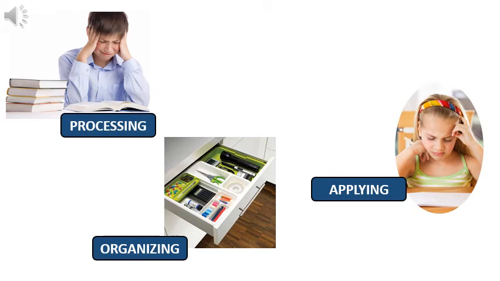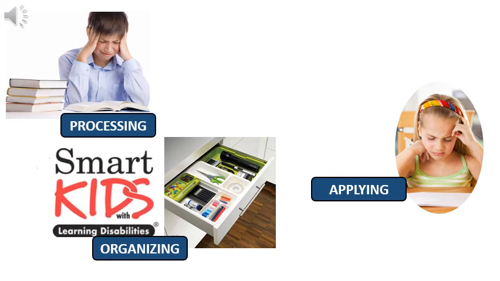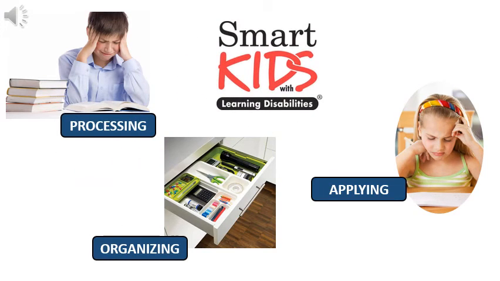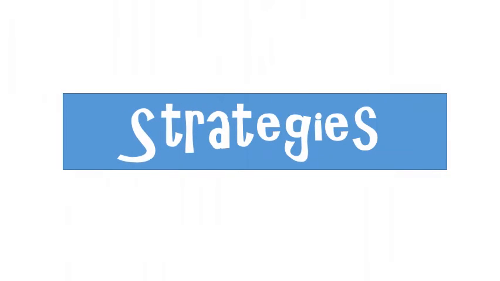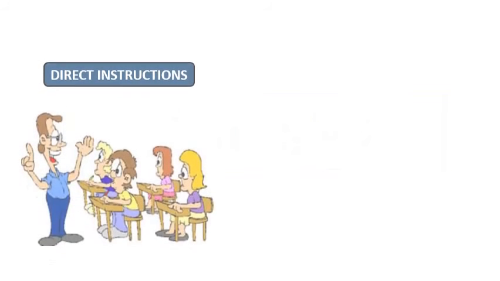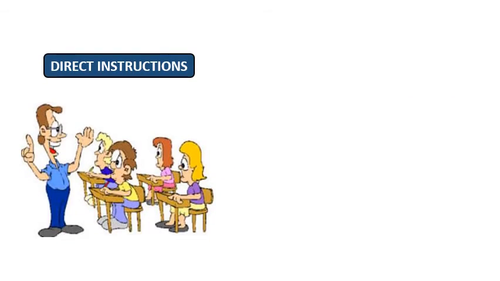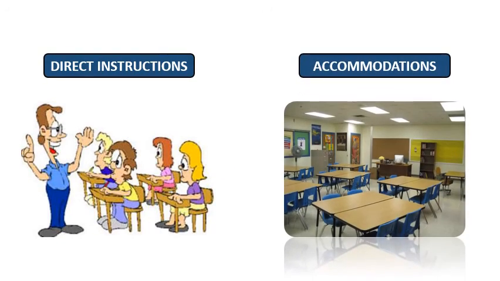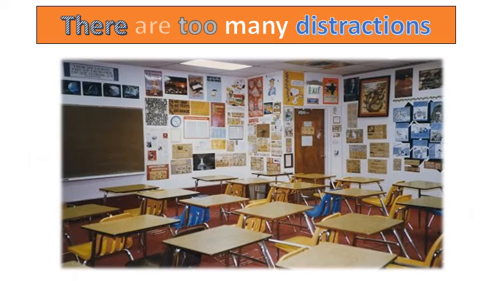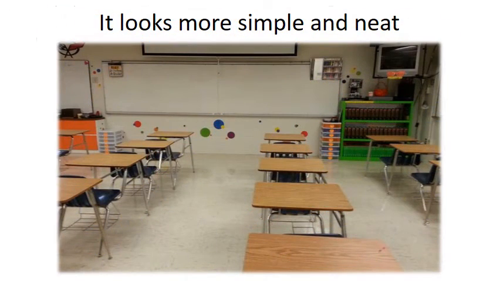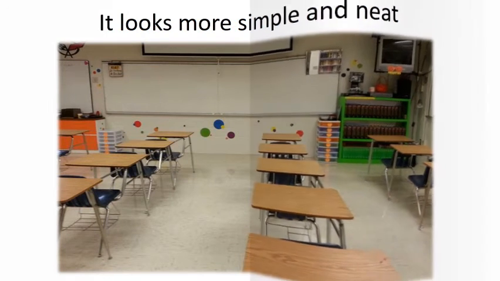They have normal intelligence, but may have attention issues or inability to focus on tasks. Back to your question. Some strategies are providing direct instruction and making accommodation in our classroom to avoid distractions. Our Spanish classroom decoration should be neat and simple.